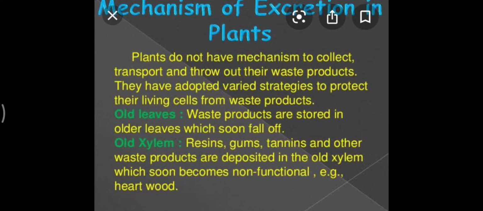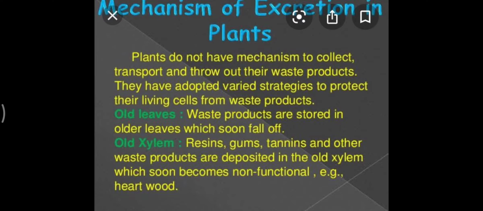Resin, gum, tannin, oil, rubber, these are all waste products that are deposited in the old xylem, although these products are of great economic help to us. So this is all about excretion in plants: no specialized system and a very simple way of getting rid of waste from the body.